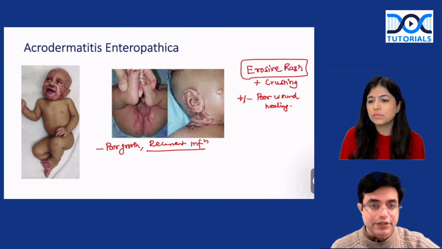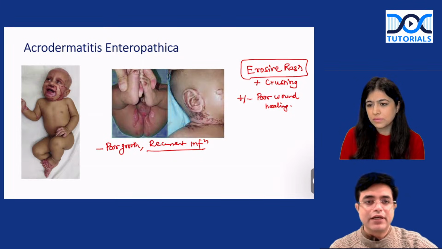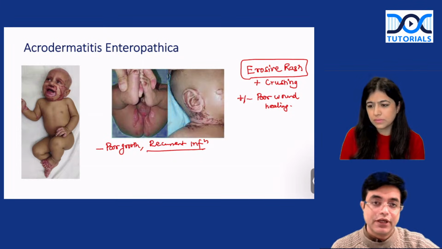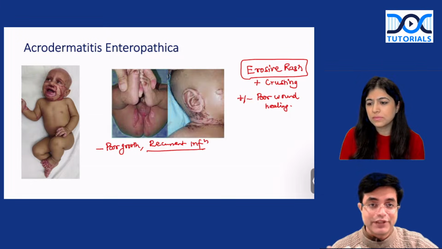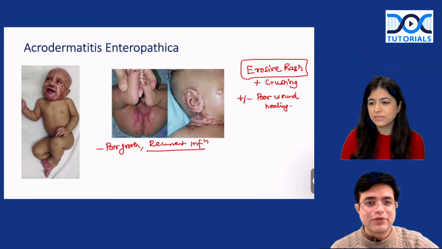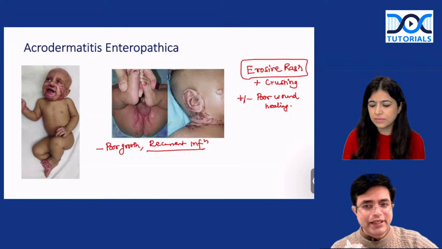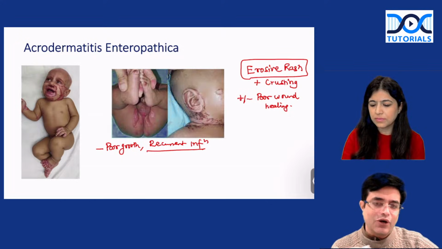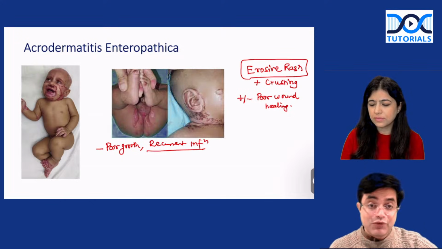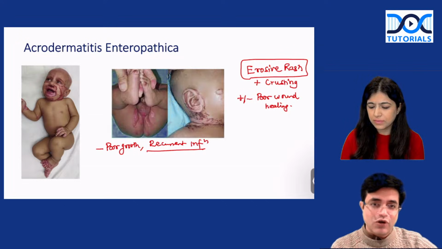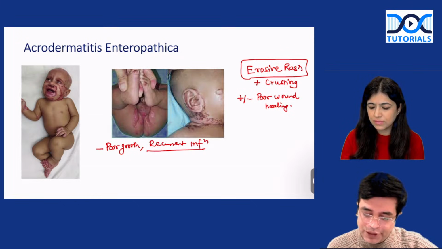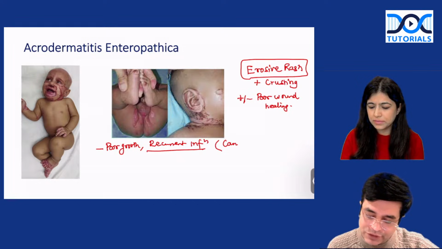So, recurrent infections. Zinc is a micronutrient which has antiviral and antimicrobial property. When COVID started, we started eating zinc. Was there any evidence? No, but we know that zinc can have some mild, modest antimicrobial effect. And because the skin integrity is lost and the enzymes involved in skin healing are compromised, recurrent infections, particularly Candida albicans infection, are common.